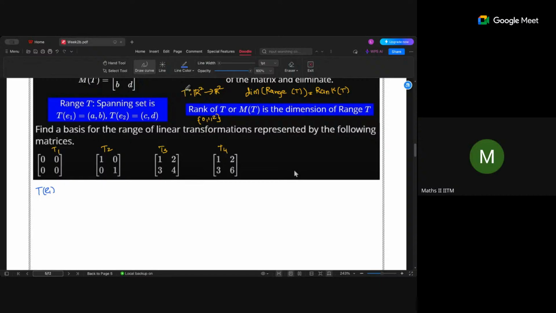What is T1 of E1? 0 0. And what is T1 of E2? Obviously 0 0. So what is the range of T1? It's just the zero vector, right? In this case, what is the rank of T?